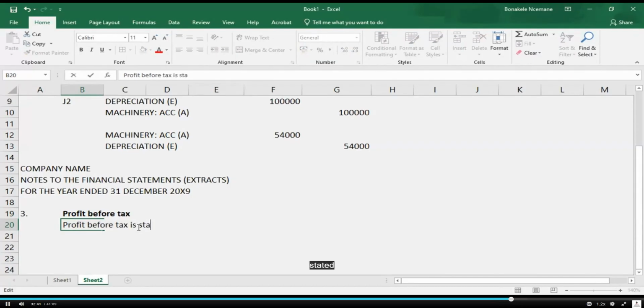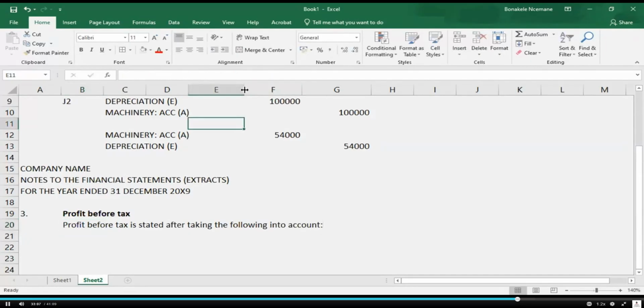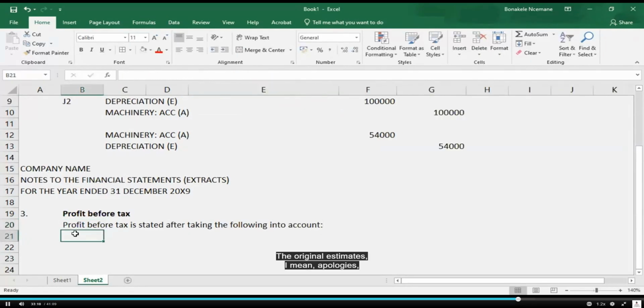after taking the following into account. The original estimate. Apologies.